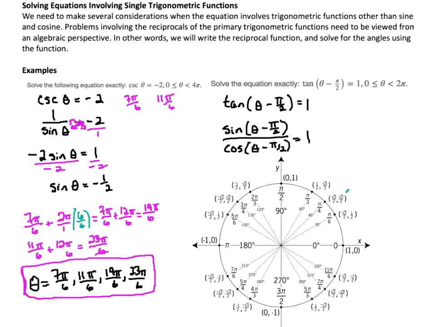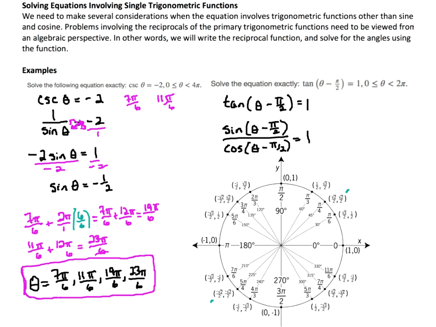It also happens at 5 pi over 4. Okay, so don't forget that the tangent has a period of pi. It does not have a period of 2 pi. We studied this a few sections ago.